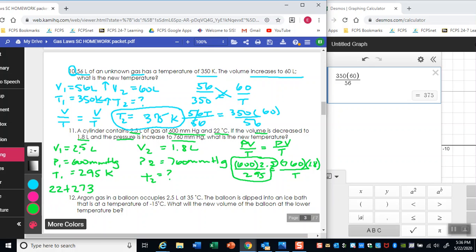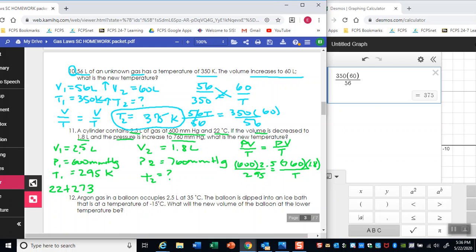I don't know if I can go back. Let me erase that. Okay, what we're going to do is we want it to be just a proportion, like we did up here, where we can cross multiply. So how about I'll do this?